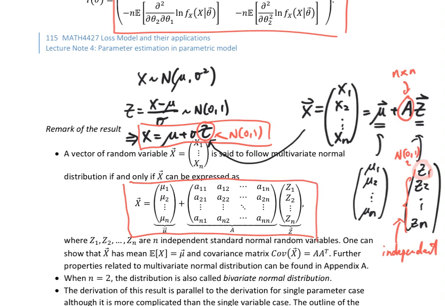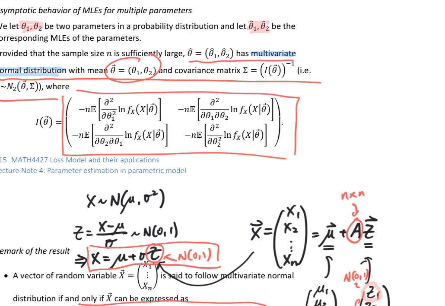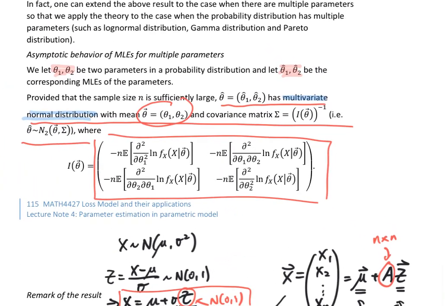You can see this is just an extension from the normal distribution that you see in the single variable case. Here is a little bit more information about this multivariate normal distribution.